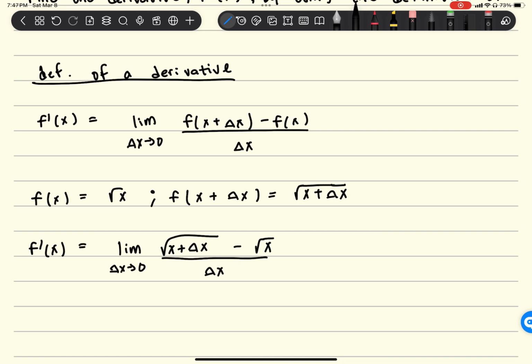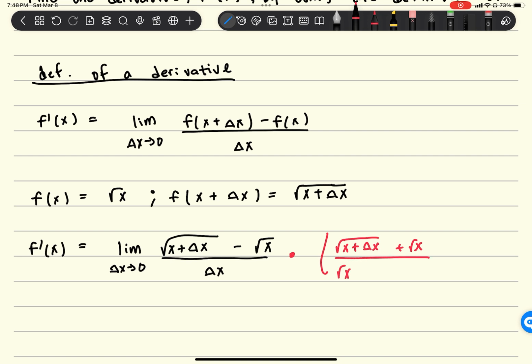We're going to multiply this by the conjugate of the numerator, which is the square root of x plus delta x plus the square root of x. And remember to do it in the denominator as well.